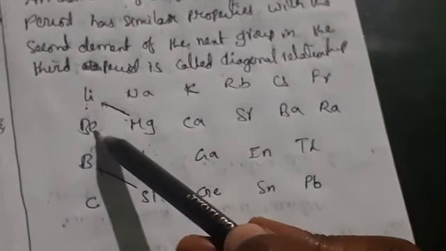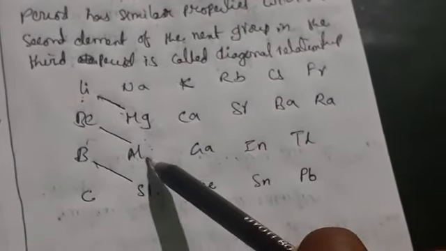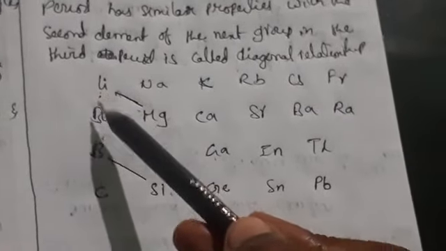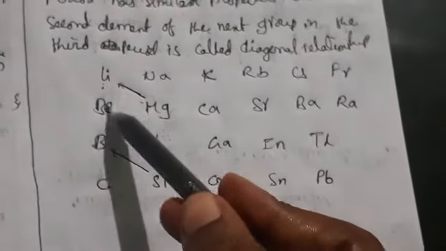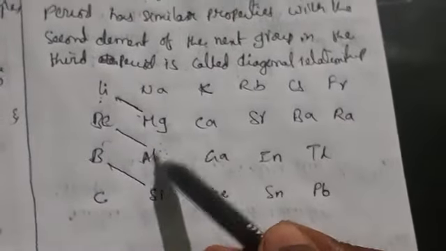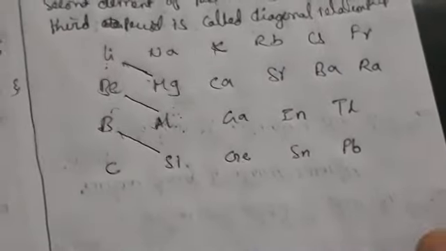The first element of the second period and the second element of the third period have similar properties, and we call that diagonal relationship.